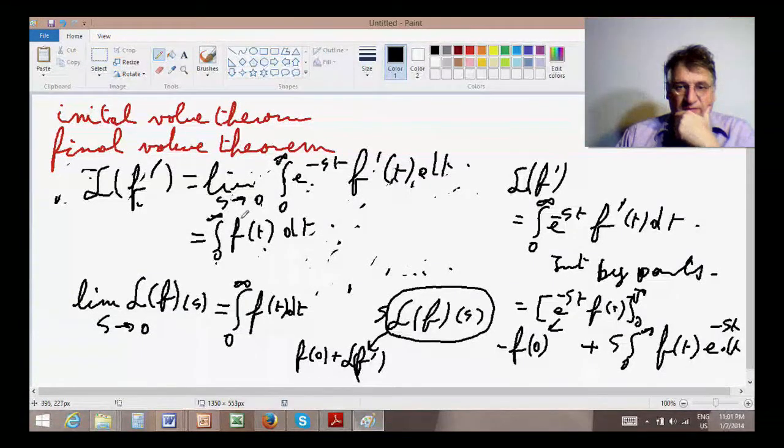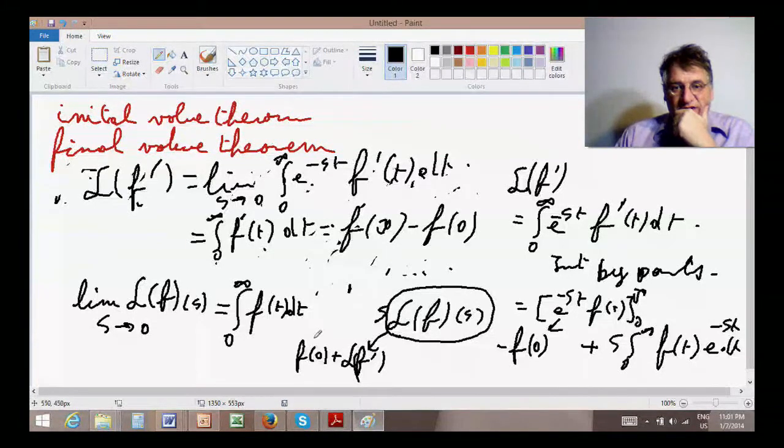Sorry, f prime of t dt, which is f of infinity minus f of 0. So this guy here, when s tends towards 0, becomes f of 0 plus f of infinity minus f of 0.